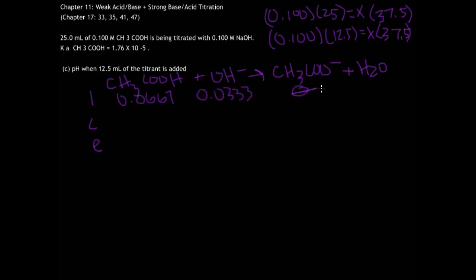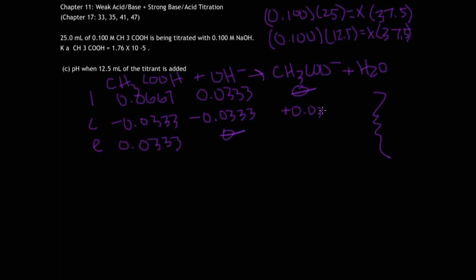Nothing liquid, don't care. So you look at these, 1-to-1 mole ratio. This one is less, so you're going to lose all of it. And because they're reacting in a 1-to-1 ratio, lose that same amount there. And you would gain, also a 1-to-1 ratio, the same amount here.